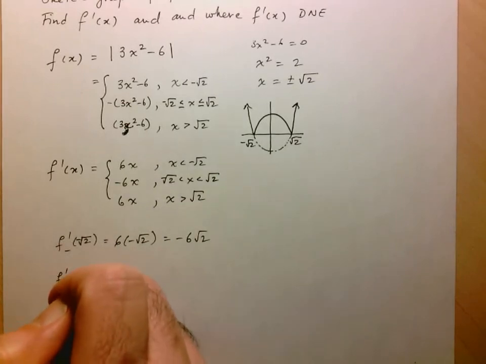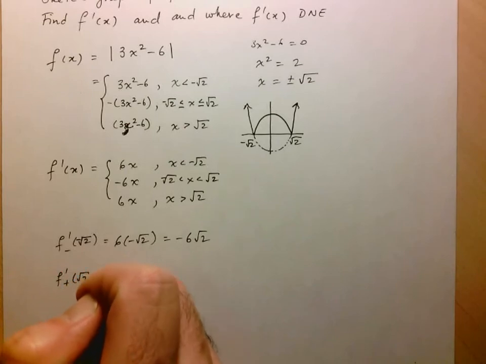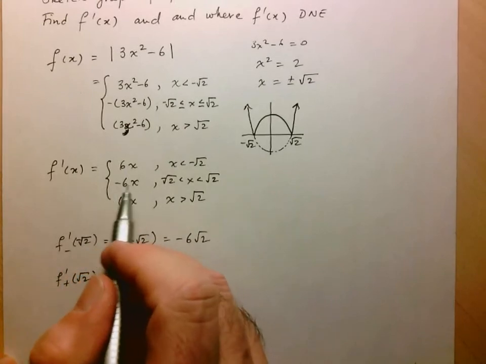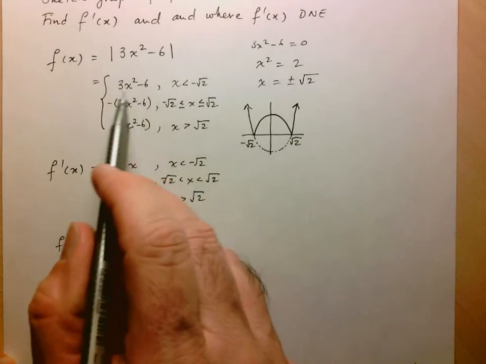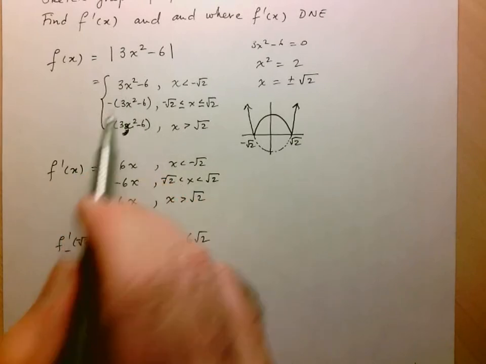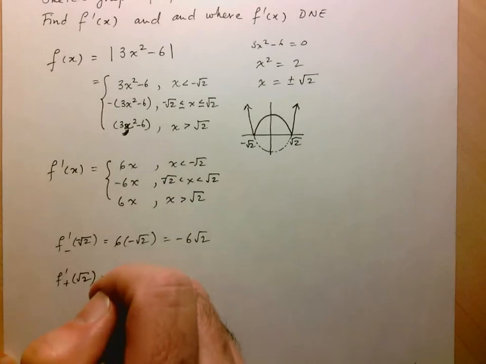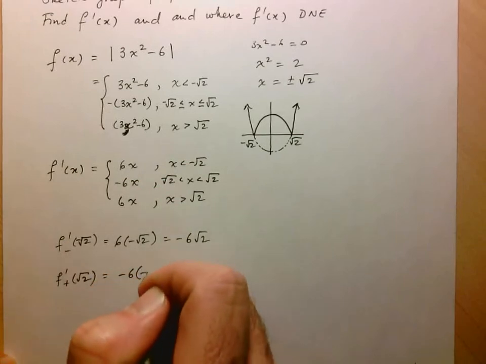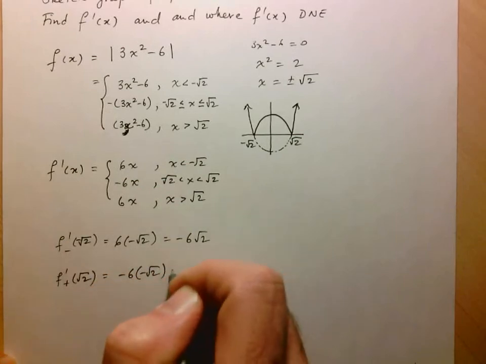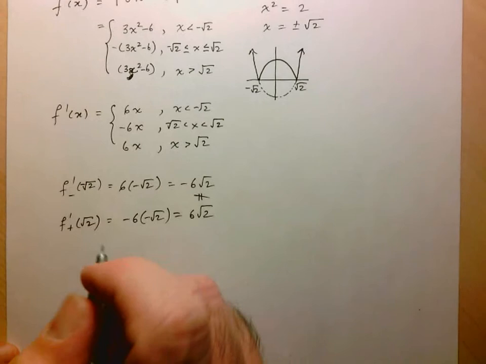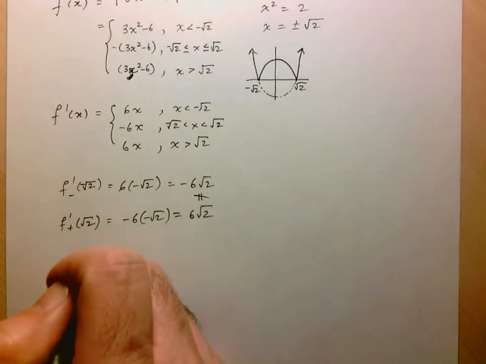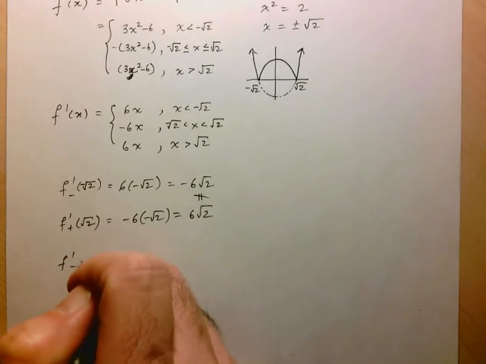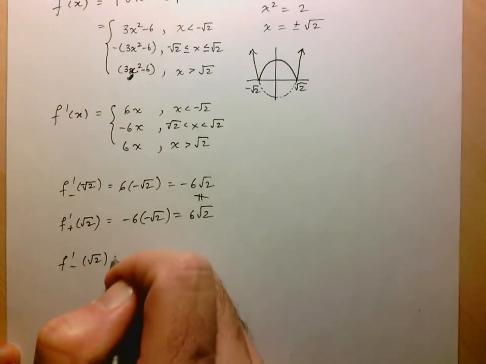Whereas when I approach from the right, I'm going to need to use this function here, because as I'm finding the derivative, I'm going to be working with the slopes of the secants from that function from the right. So that's just going to be negative 6 times negative root 2, which of course is going to be 6 root 2, so not equal. So not differentiable. We've proved now that it's not differentiable at negative root 2, and we're going to see something very similar for positive root 2.